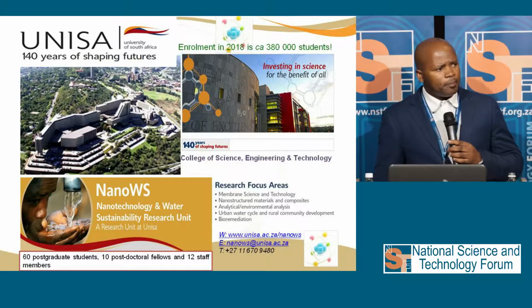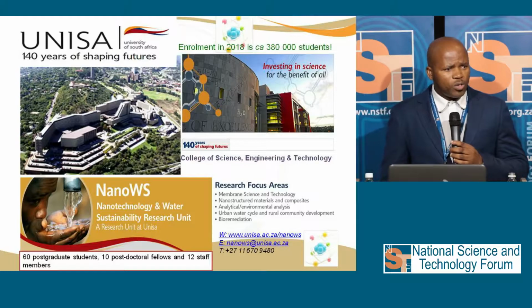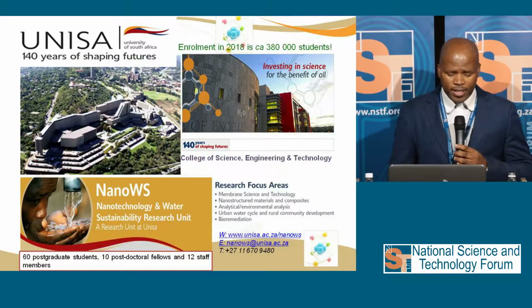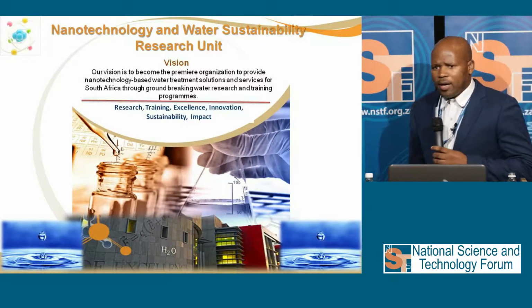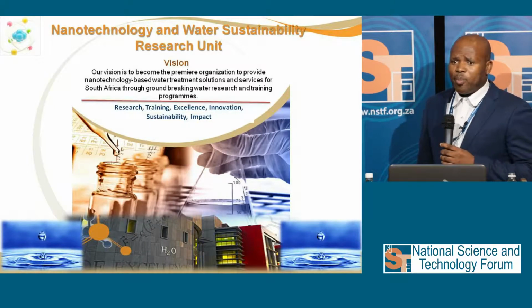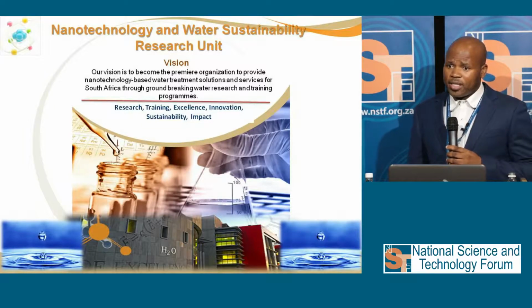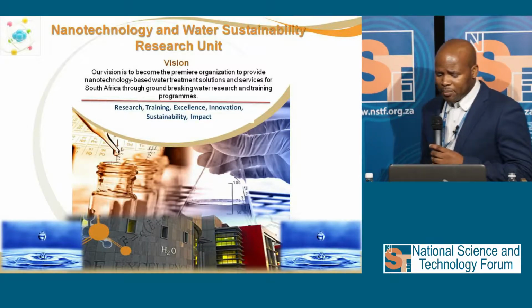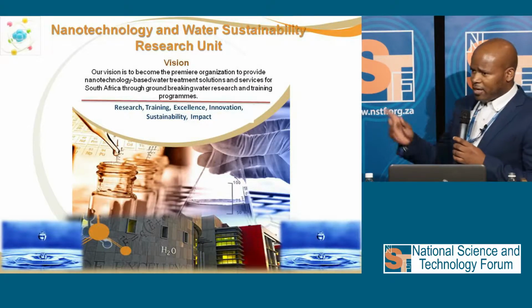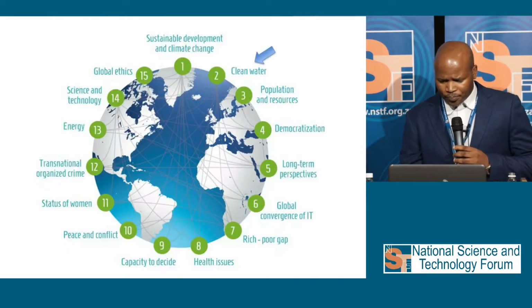We work on nanotechnology. So my unit is called the Nanotechnology and Water Sustainability Research Unit, which I lead. We have about 60 postgraduate students, that is masters and PhD students, who are sitting in our research unit, and 10 postdoctoral fellows, as well as about 12 staff members. I invite you to see our website when you get time.